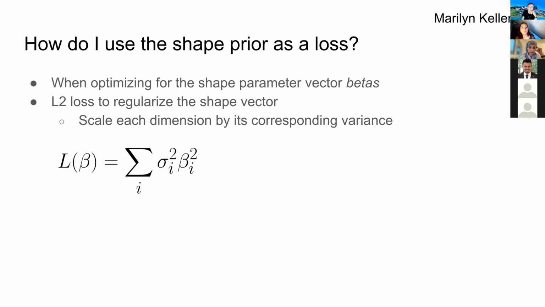So then how do I use the shape prior as a loss? So when optimizing for the shape parameter vector betas, you want to keep beta values that are plausible. So for that, you can use L2 loss. But you should scale each dimension by its corresponding variance because of what Michael just explained. So it gives this loss that you can use for regularizing on betas. But we don't do that. We don't give people the sigmas.